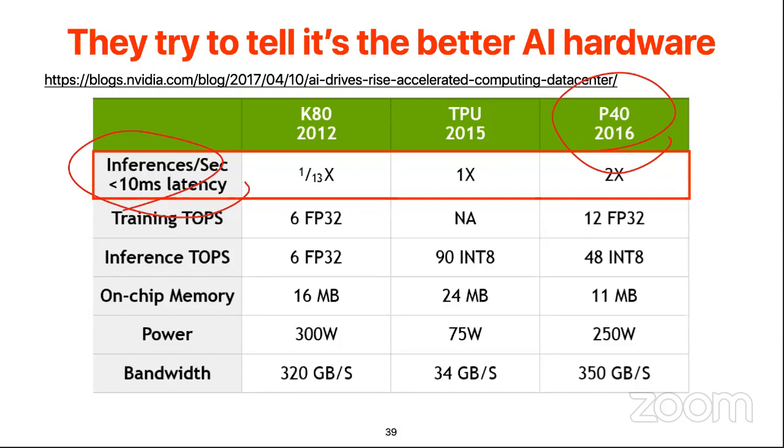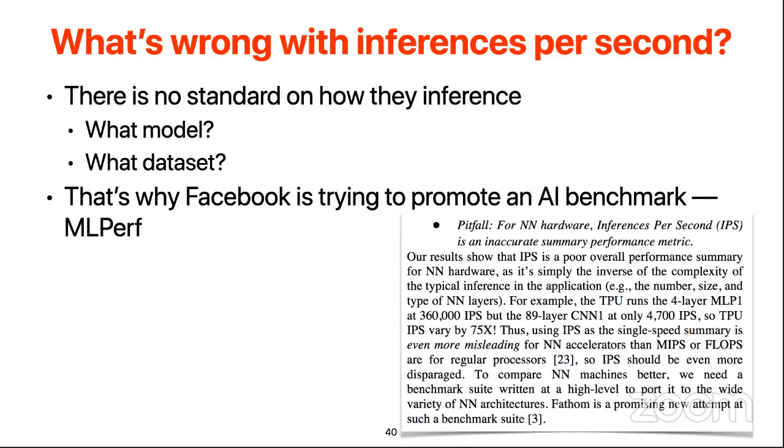But it's probably not hard to imagine what's wrong with inferences per second, because what model are you using to do inference? What kind of data set are you using? There's no standard for how to measure inferences per second.